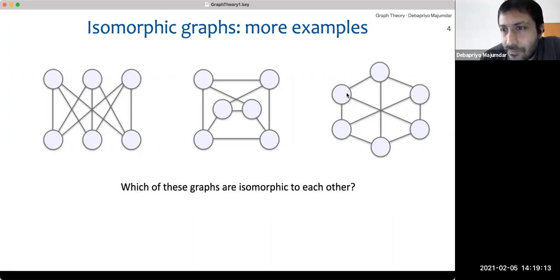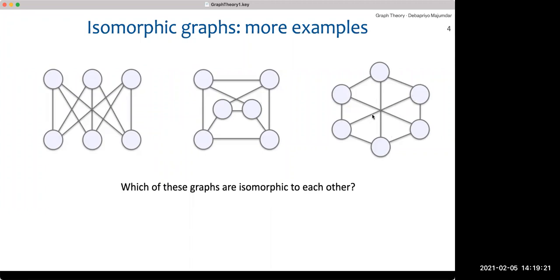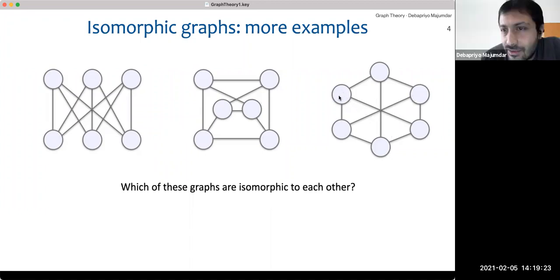And look at this one. This one has a vertex that has edges to these three, but not to these two. If you think of this one and this one as one group, and this one and this one as another group, you will see that you can simply redraw this graph as this. You can do the same for this also.